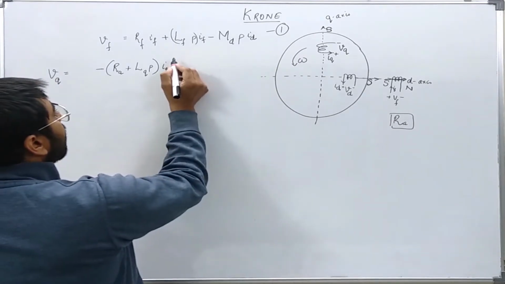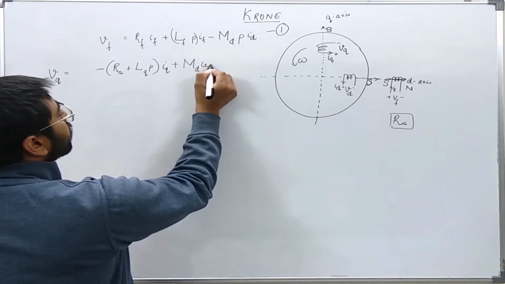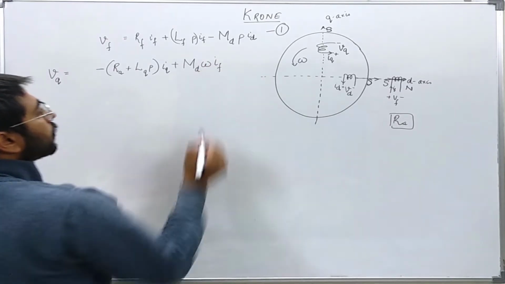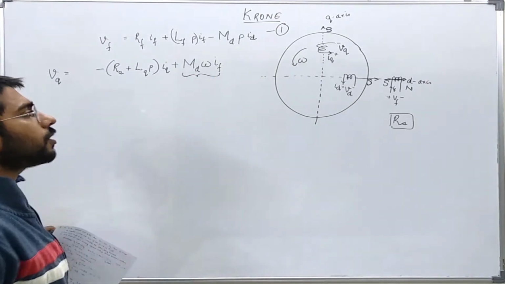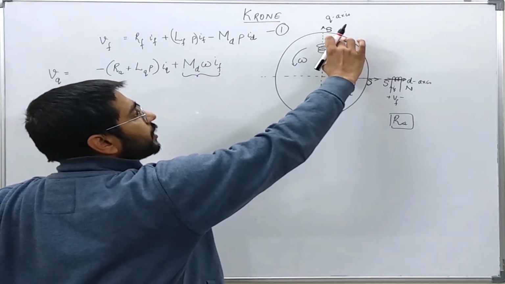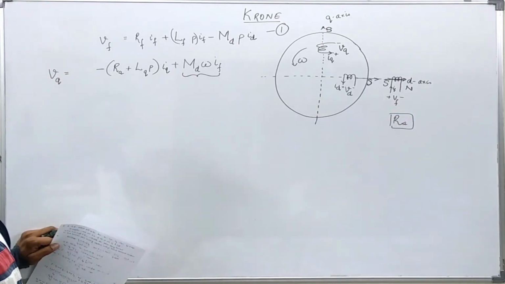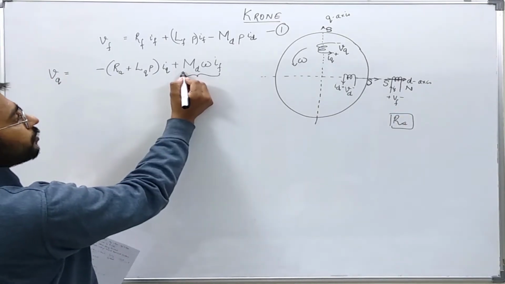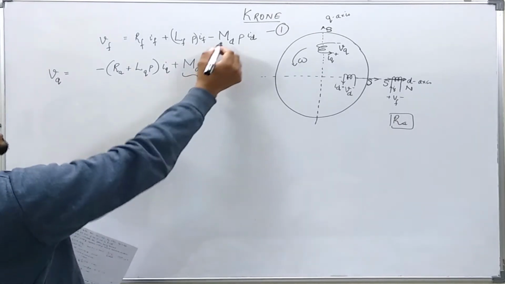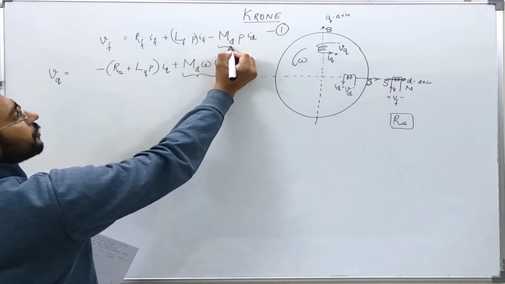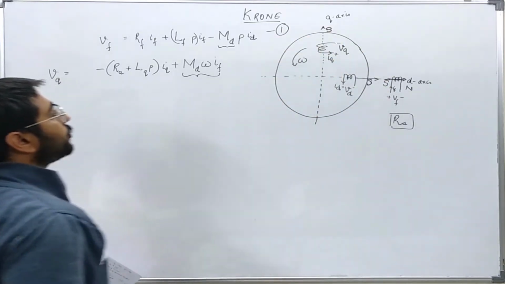So I will use a positive sign. This is the motional EMF for the Q axis winding because of the current in the field winding. Now you can easily see that I have taken the inductance coefficient for the rotational EMF the same as the constant inductance coefficient which I have used for the transformer voltage, since I have assumed a sinusoidal flux distribution.